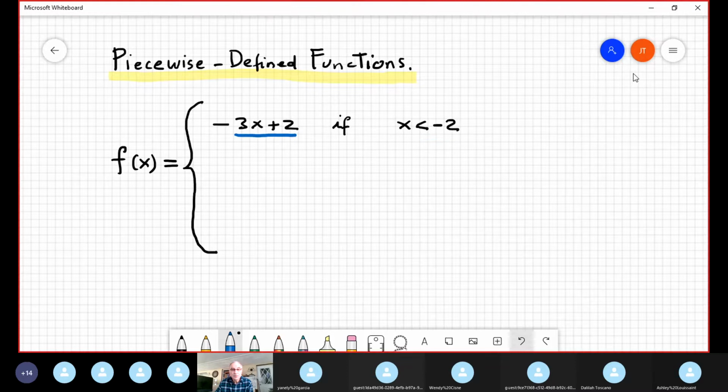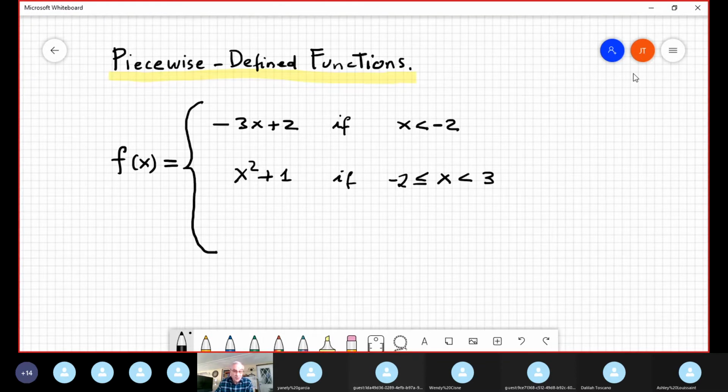Okay? Then we have different pieces. We have, for example, x squared plus 1 if x is in between negative 2, considering equal to negative 2, and positive 3.